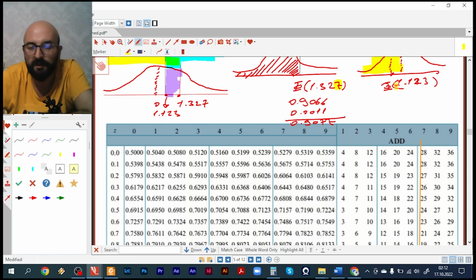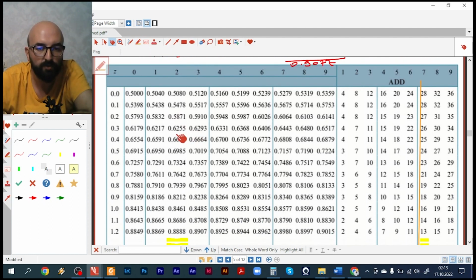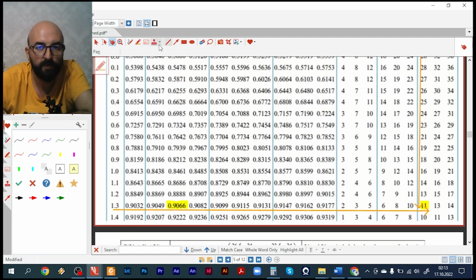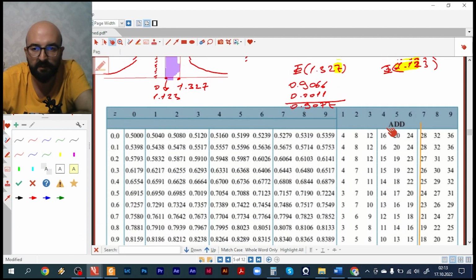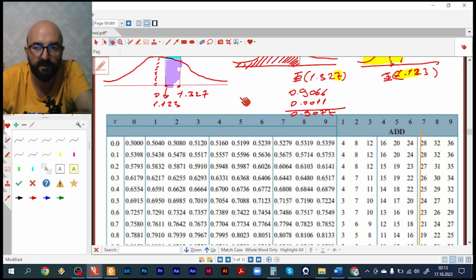Okay, and before, we will find 1.12 here, but for the last digit, it means 3.